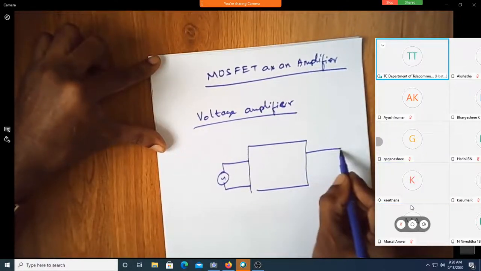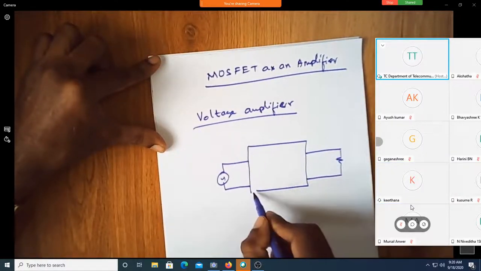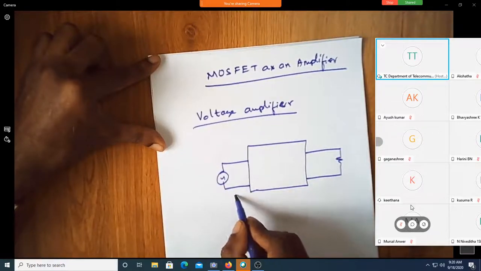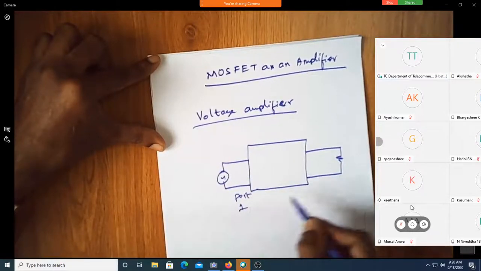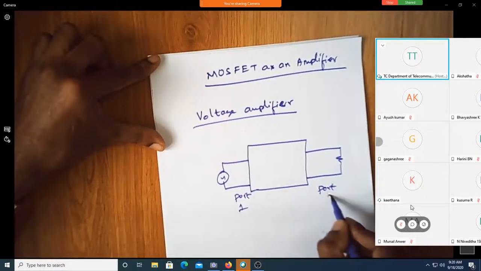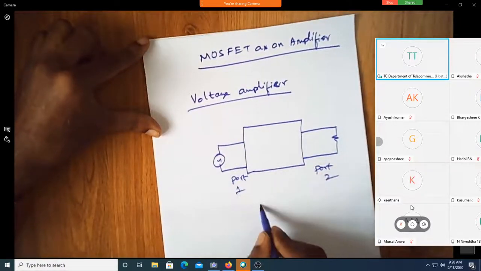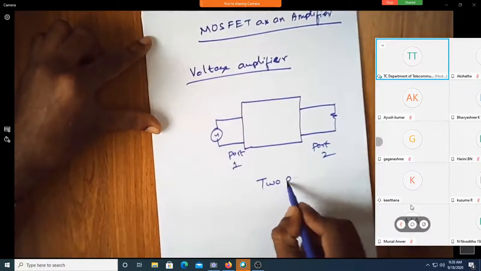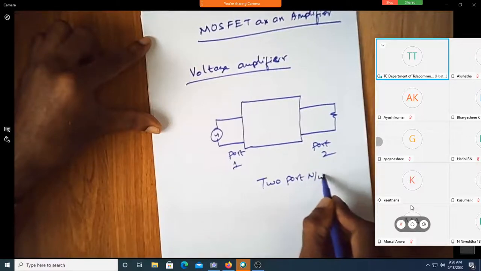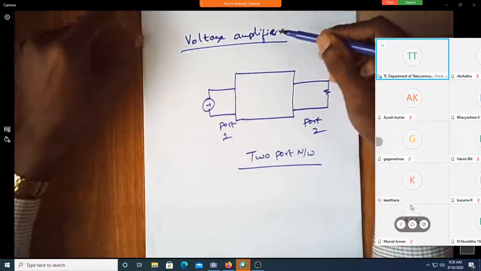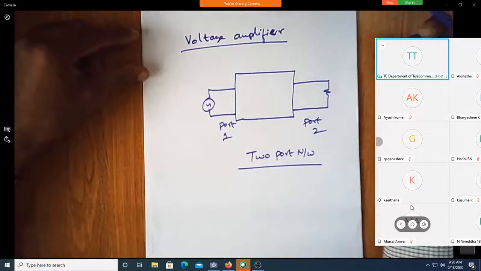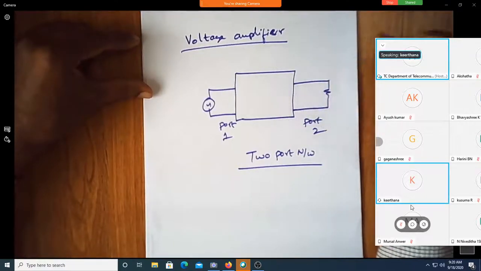It will have port number 1 at the input and port 2 at the output. Always, voltage amplifiers will be two-port networks. One will be the input port, the other is the output port.